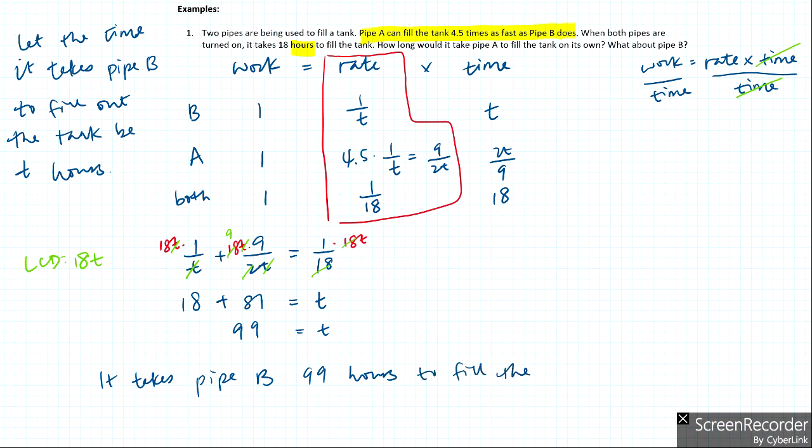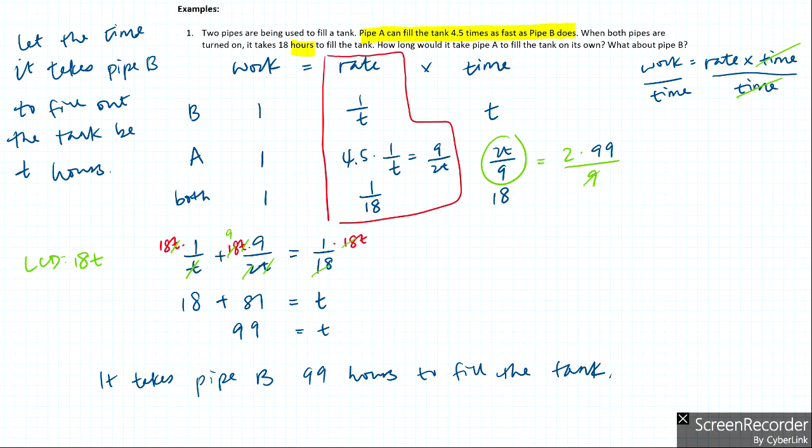And we're not done yet. We also want to find how much time it would take pipe A to fill the tank. This is where you can use the expression for time directly. I know the time for A is 2t over 9. So 2t over 9 is equal to 2 times 99, which we just found, divided by 9.